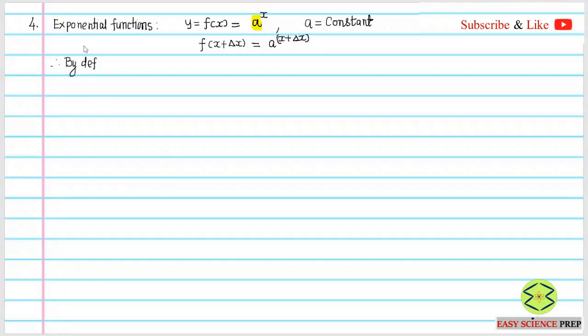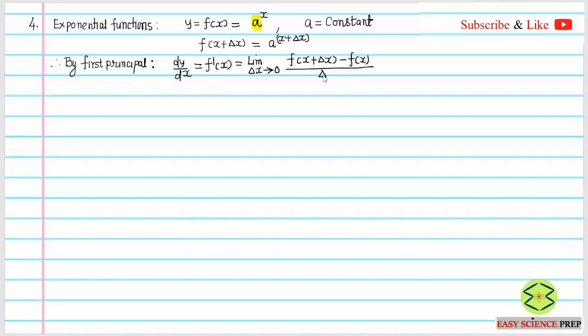By first principle, we can write that the derivative dy over dx, or f dash of x, is the limit as delta x tends to 0 of f of x plus delta x minus f of x, whole divided by delta x.